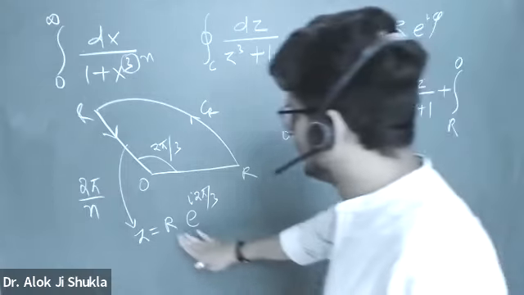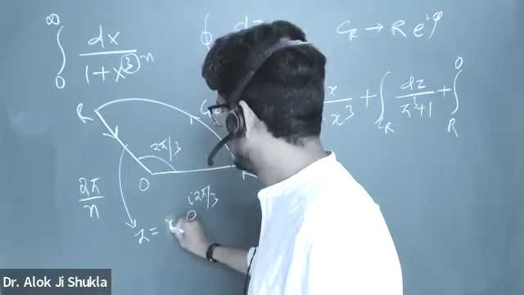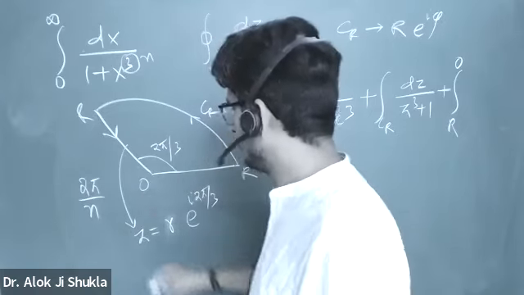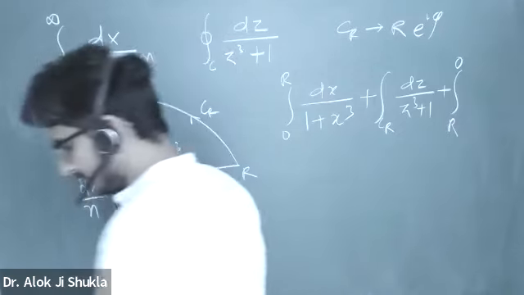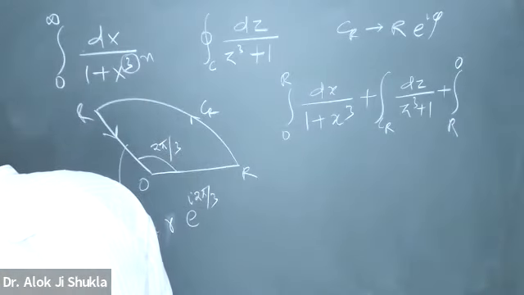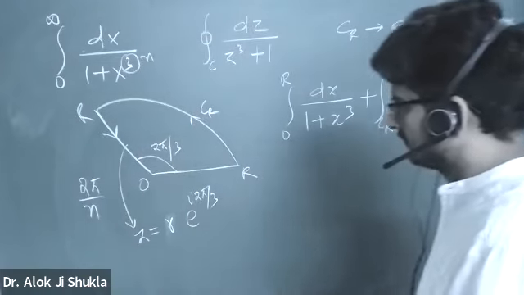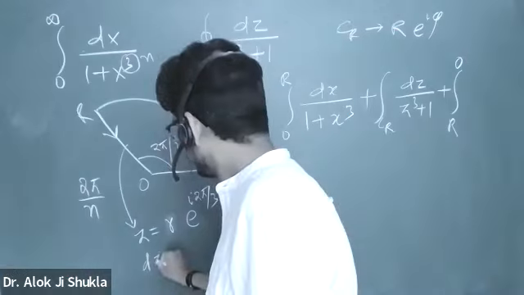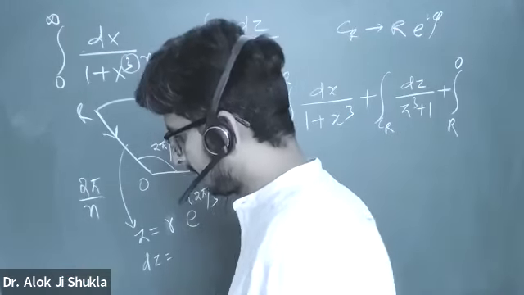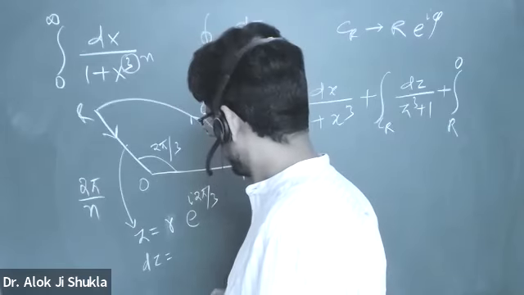And this R is changing actually, right? This R is changing from R to 0. Are you getting this? So what will be dz? e to the power i 2 pi by 3 dr.